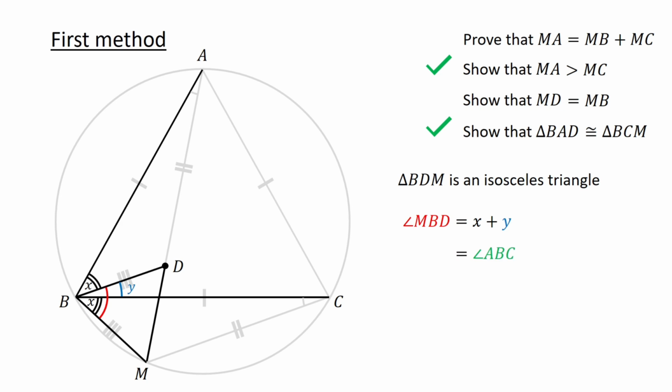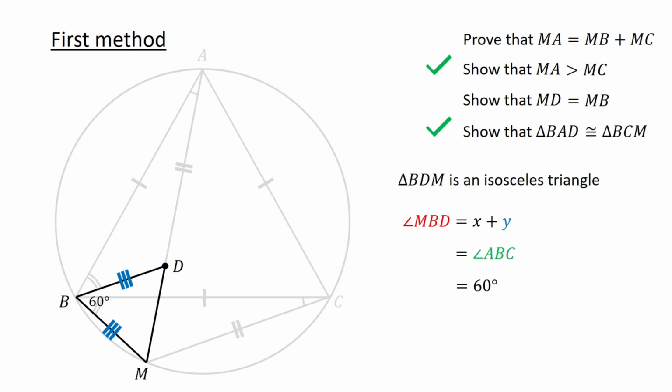But X plus Y also equals angle ABC, which is this angle. Angle ABC is an interior angle of the equilateral triangle ABC and thus equals 60 degrees. Therefore, angle MBD equals 60 degrees.